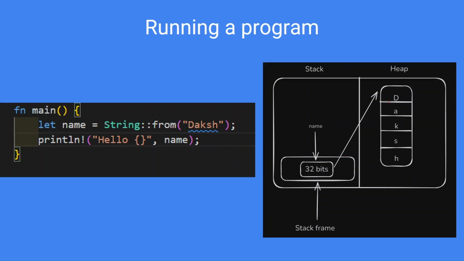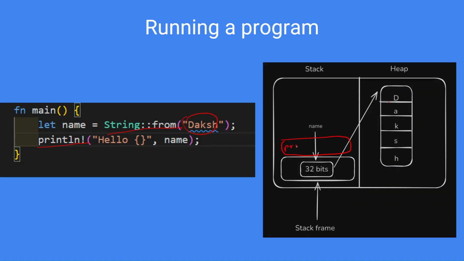So for the main function, a new stack frame will be created which will store a pointer to the space inside heap, that will be the data which is passed on to the string from function as a parameter, which is this. So the name variable will be stored inside the stack frame, which is here, and for the println macro, a new stack frame will be created. I have not created it, so let us create it here.